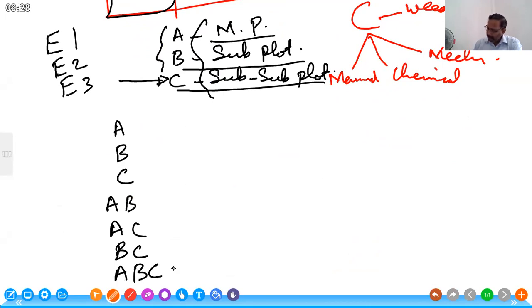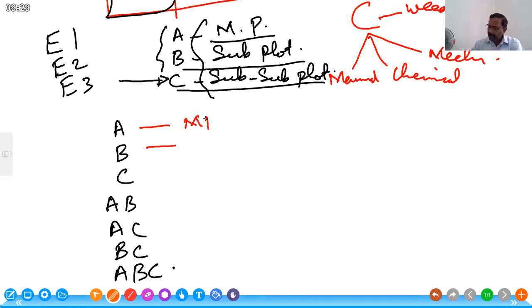Can you tell me the plot size according to this? What are the plot sizes? A, in the earlier example, is in the main plot or subplot? Main plot.